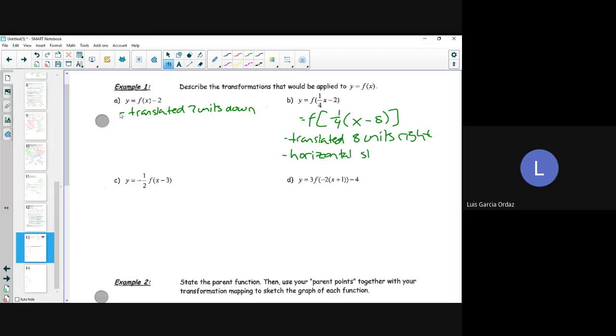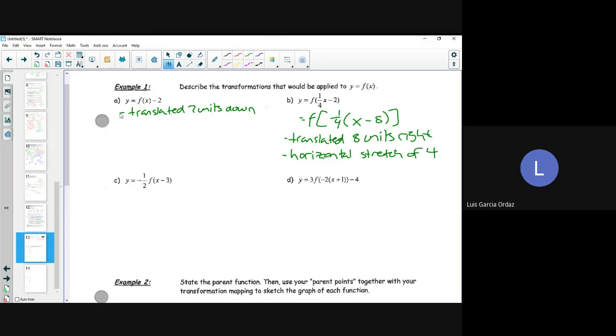Okay, I get it. Horizontal stretch of 4. It's the opposite of what you think it is. It's almost always opposite. It's just counterintuitive.